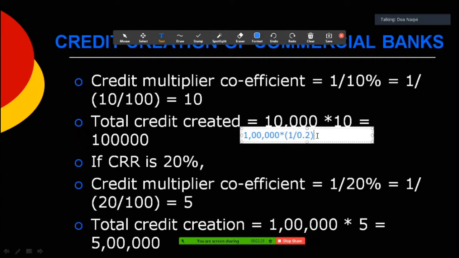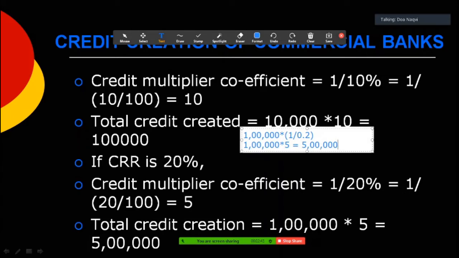Now you know that 1 divided by 0.2 is equal to nothing but 5. So in the next step, 1 lakh multiplied by 5, answer is 5 lakh.